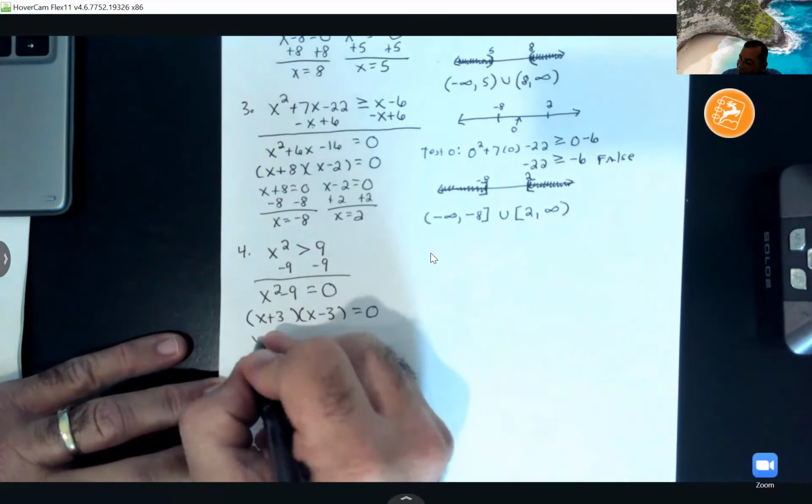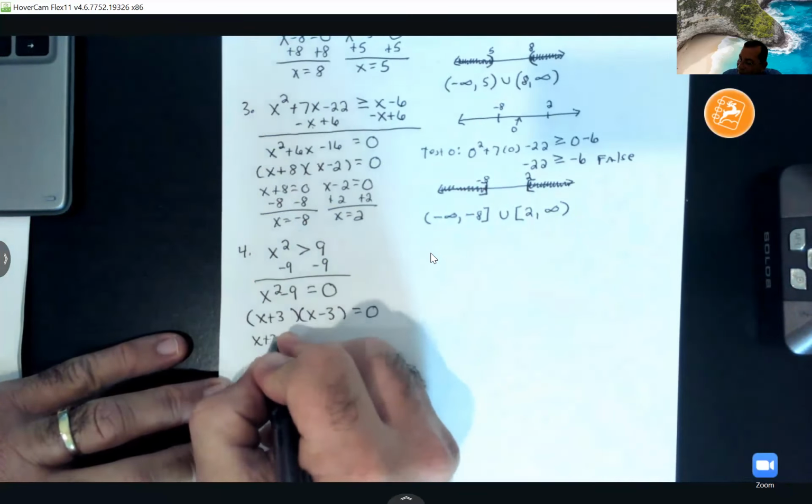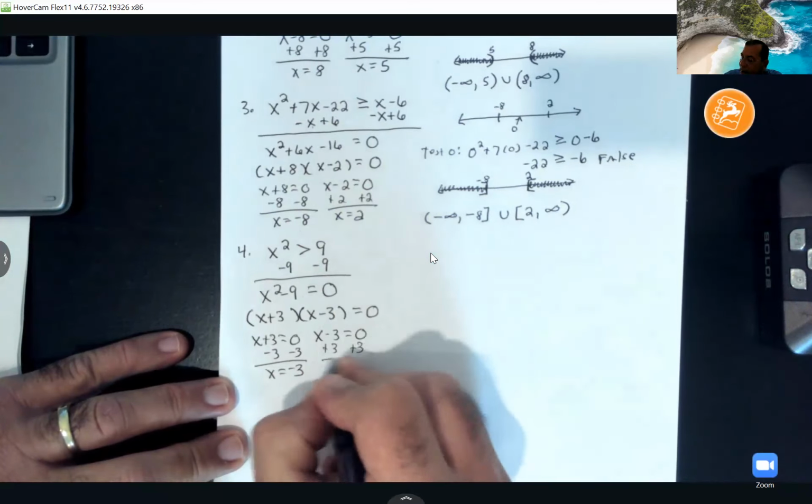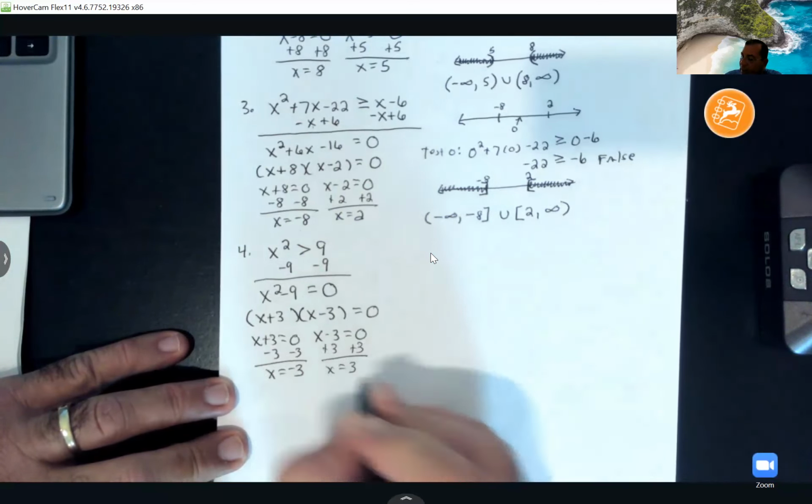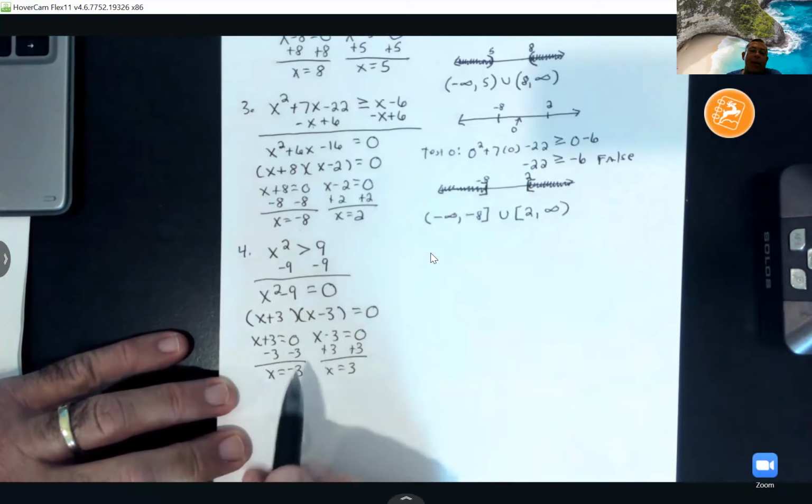And then we'll just set those equal to 0. So now if you'd have did square roots, you'd have got these two answers I'm about to get. You'd have got that -3, and then you'd have got a +3. So remember, square root of 9 would have been a plus or minus 3, okay?